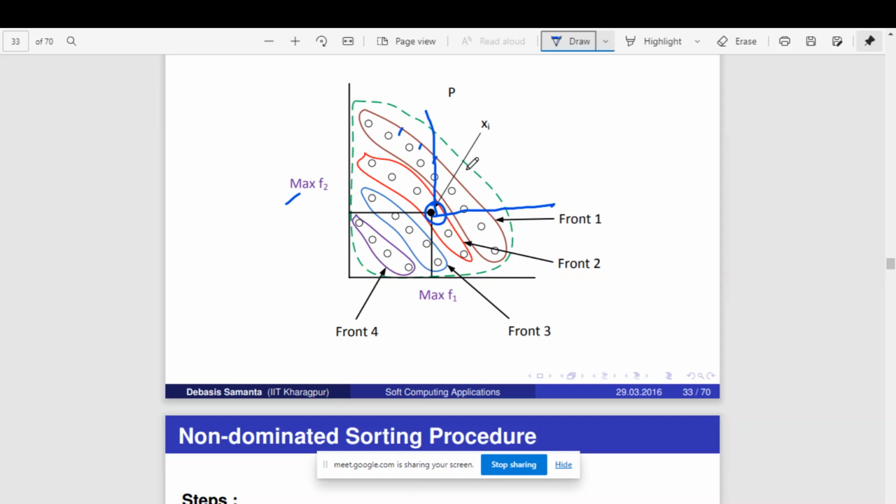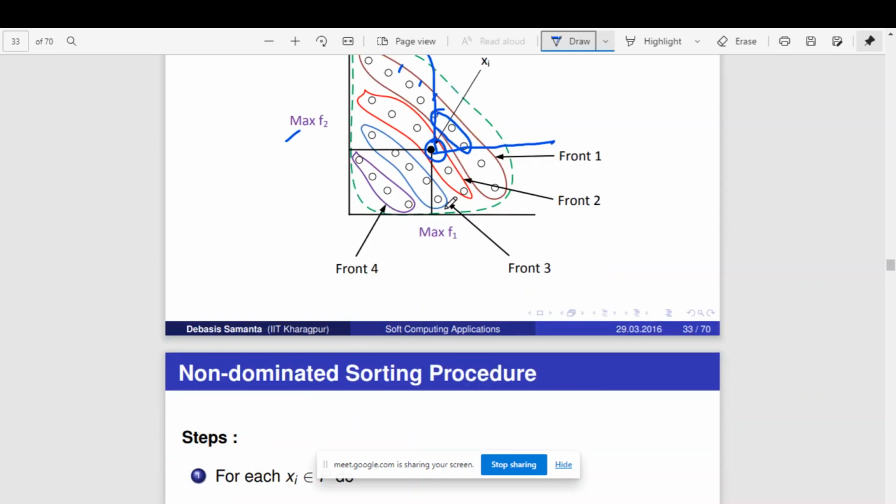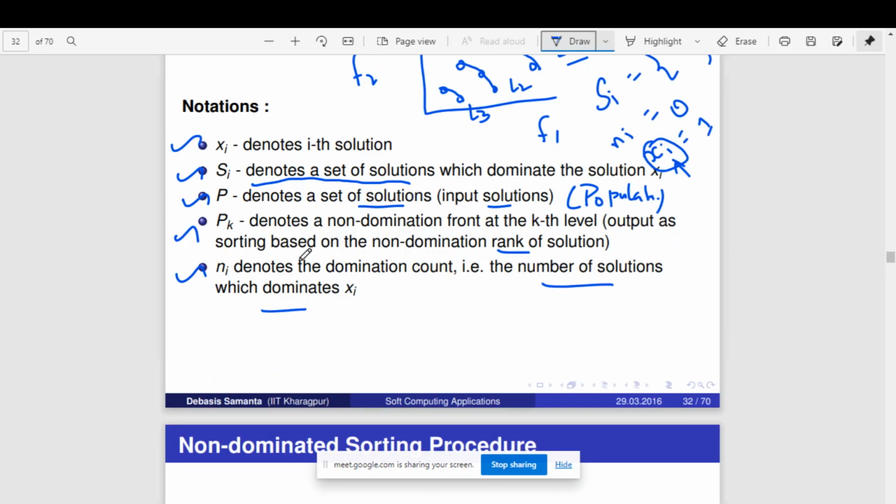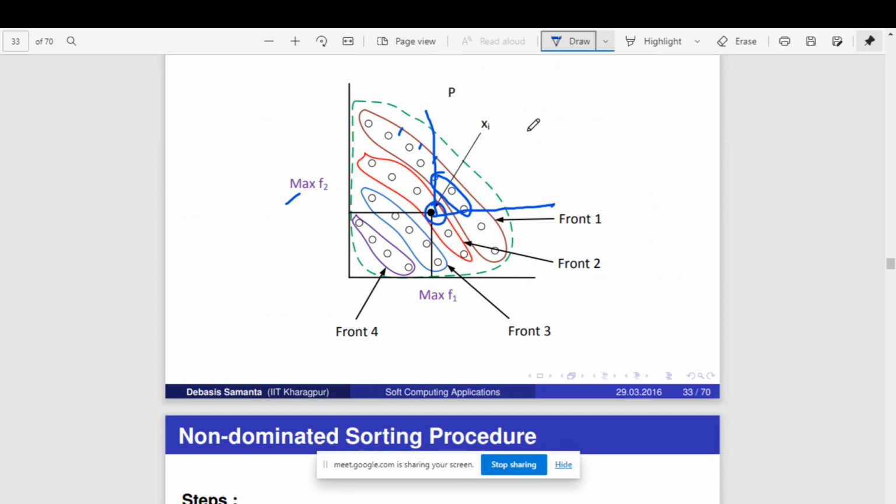They should be lying towards the right and also towards the top. So these three are the solutions dominating xi, and that will be Si. Now what will be ni? 3, the number of solutions in that set.